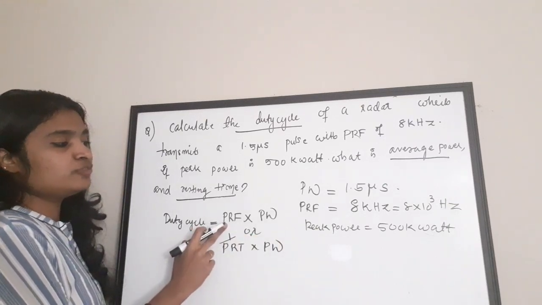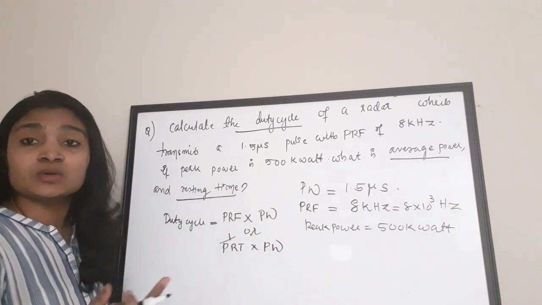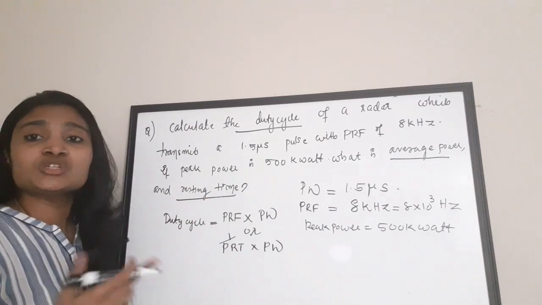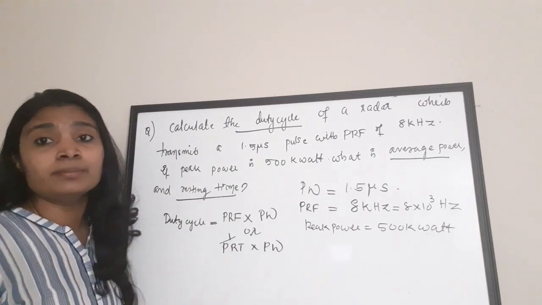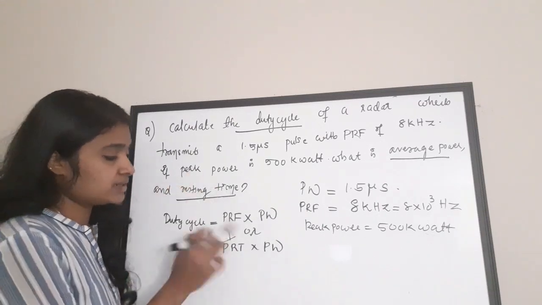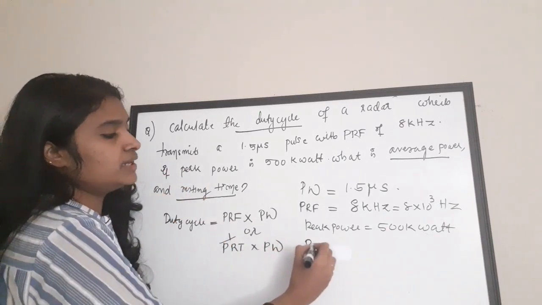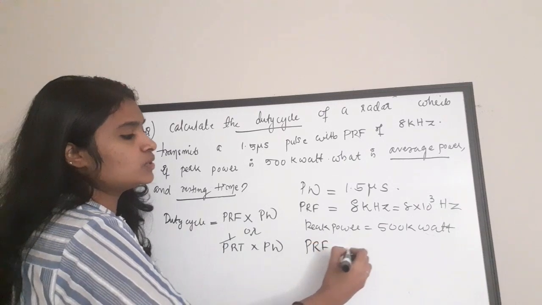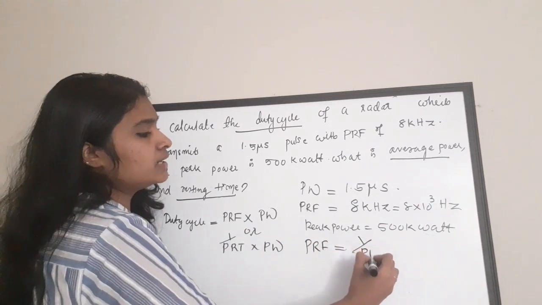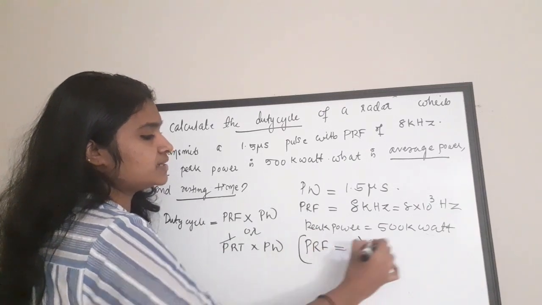Because PRF, or pulse repetition frequency, is equal to 1 by pulse repetition time. We know that frequency is equal to 1 by time, right? So, similarly, PRF is equal to 1 by PRT. This is a relation.